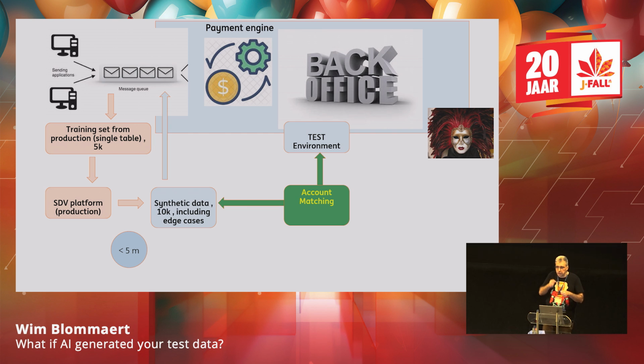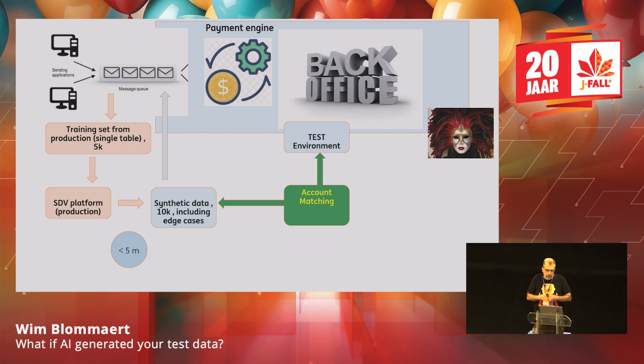We run it through our software, we build a model. Once the model is built, we can sample from it, and we can sample a different number. So the training set could be 5,000, and then we can sample 10,000 payments. I think it took 2 minutes to train the model and do the sampling.